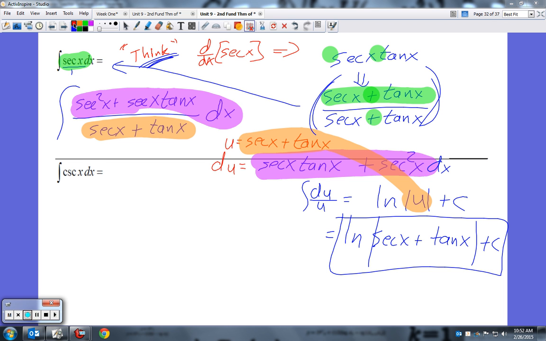Of course, what do you think I want you to, not actually write, but think about, what's the derivative? Negative cosecant cotangent. Alright, the derivative of cosecant of x is negative cosecant cotangent. I want you thinking about it. The reason why is because of this negative. Just like Taylor was saying, why is it plus?